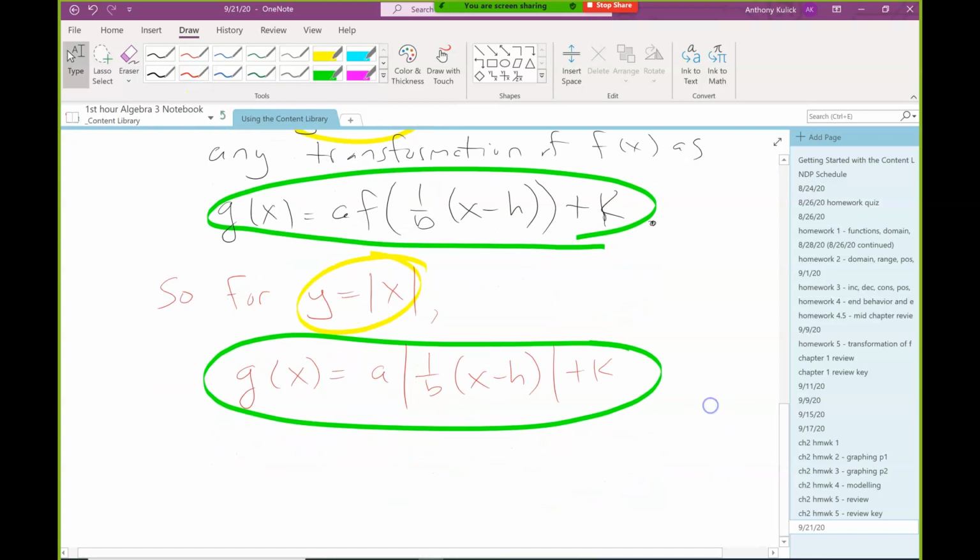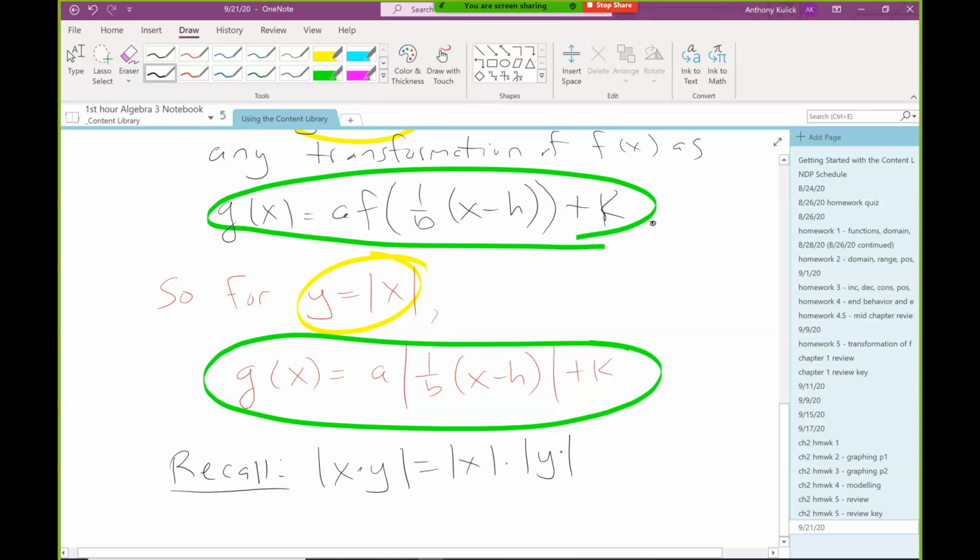Okay. Well, we can actually make that g of x statement a little bit simpler. So recall from last time we said that the absolute value of x times y is equal to the absolute value of x times the absolute value of y.